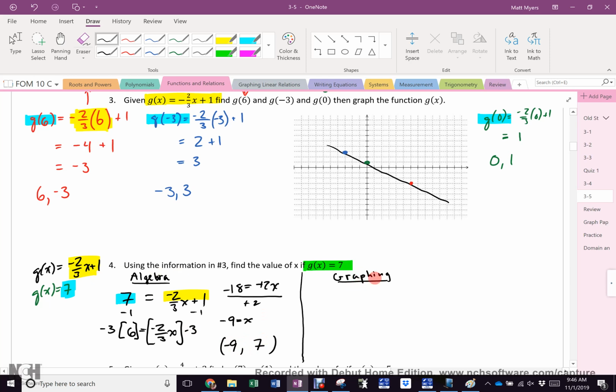Now, if we're going to do it on a graph, is this g of x equals 7? Is that a y or an x value? That is a y value, correct? Everyone agrees?